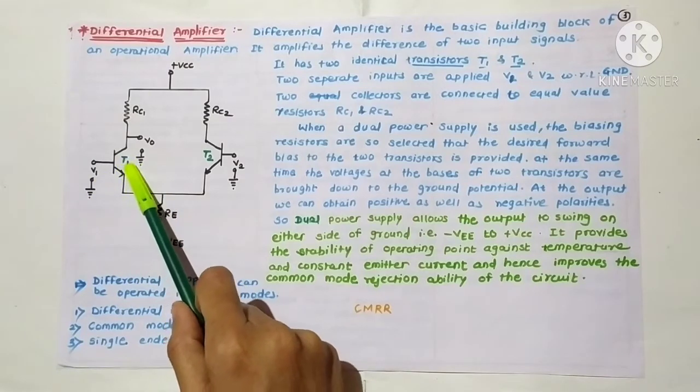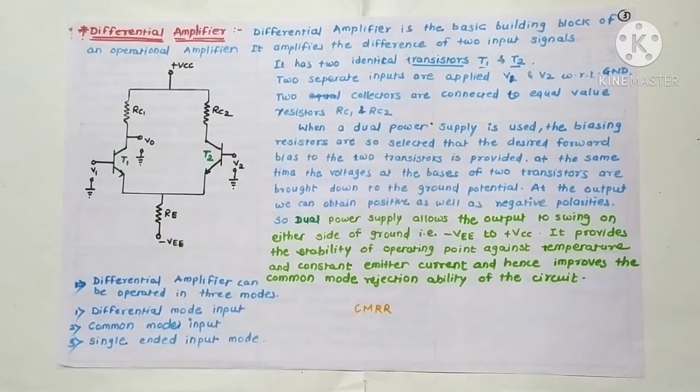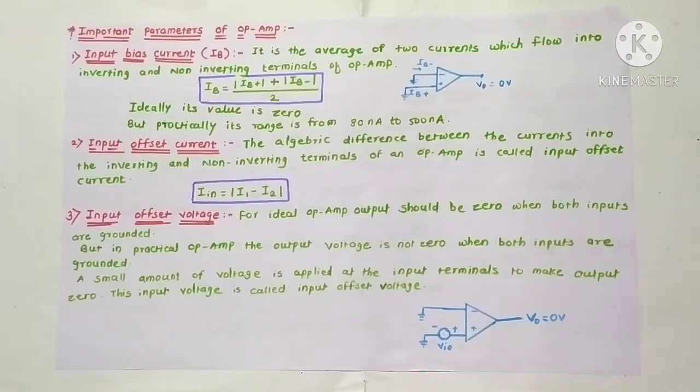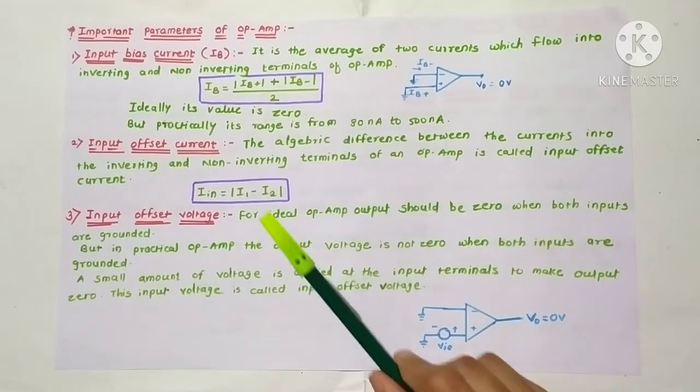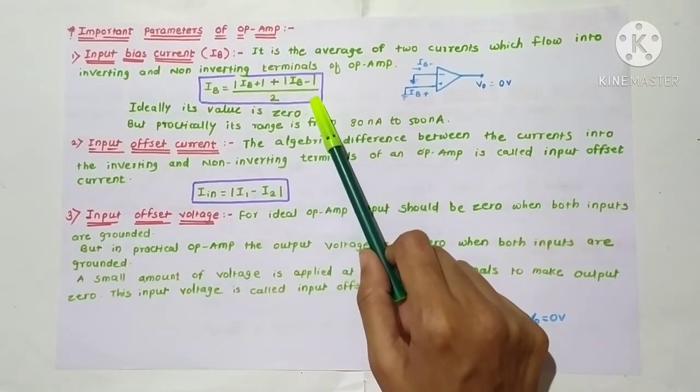So you can see these are the two identical transistors and this is the differential amplifier. Now the current flowing through the base of the two transistors must be equal.